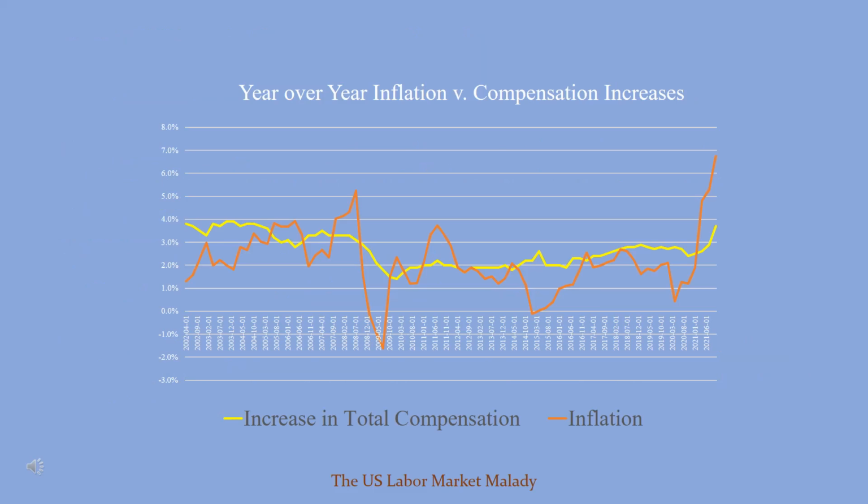There is some evidence to the argument that wages need to rise to induce more to come back to work. The yellow line on this graph represents the yearly growth in wages, and the orange line represents inflation over the past 20 years. It is clear that at most times, wages have barely kept up with inflation, which means workers have barely been keeping up with purchasing power over time.